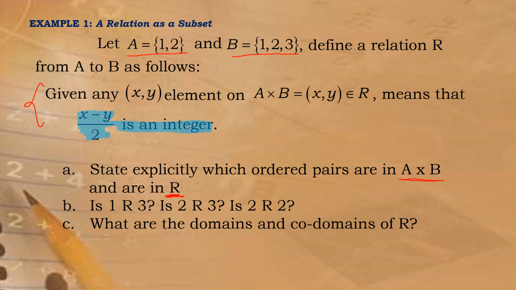Okay, let's have the first question. Remember that our given A is 1 and 2 and B is 1, 2, 3. It will be in R if and only if X minus Y over 2 is an integer.